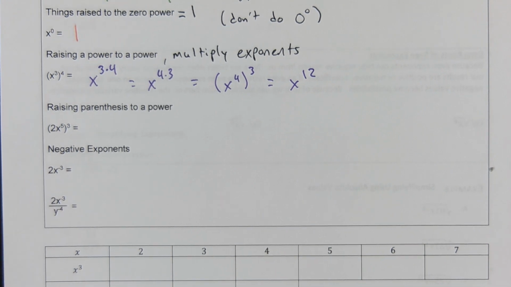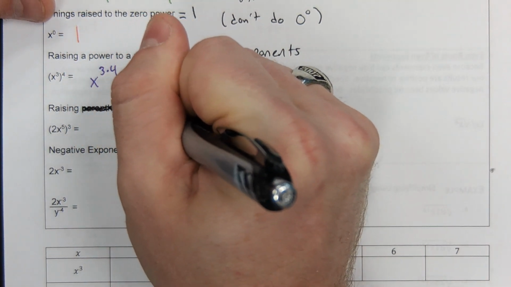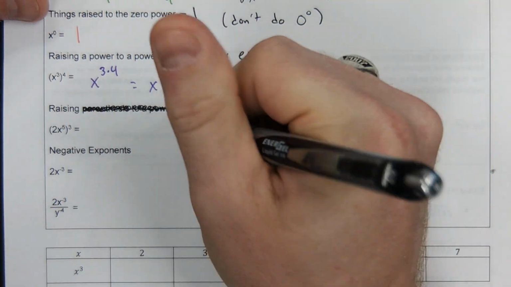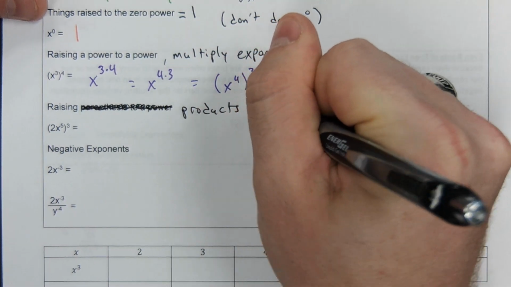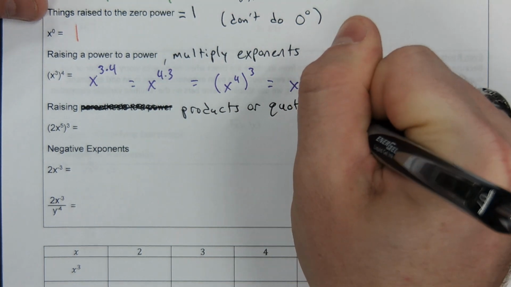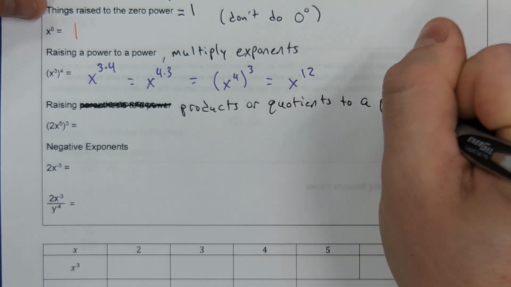This raising parentheses to a power, I want to alter what that says. I don't want to say raising parentheses to a power. I want to say raising products or quotients to a power.